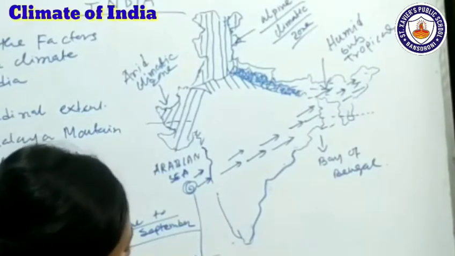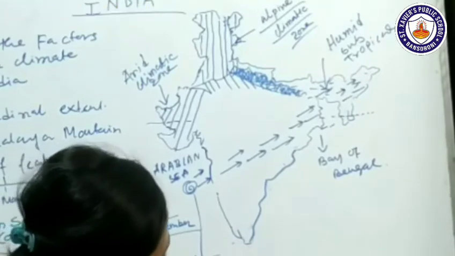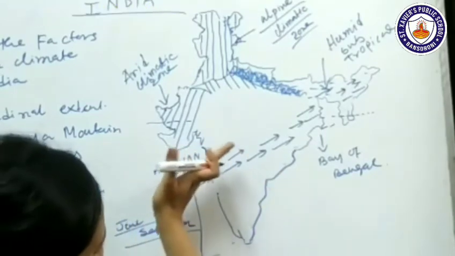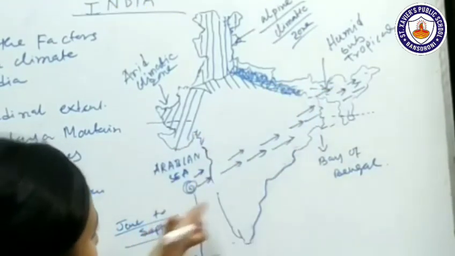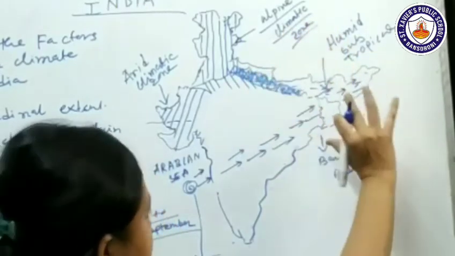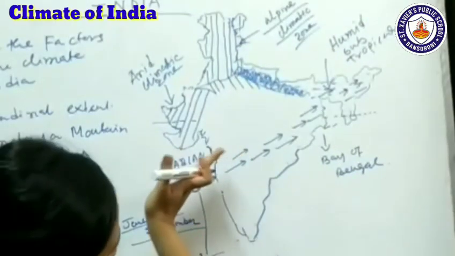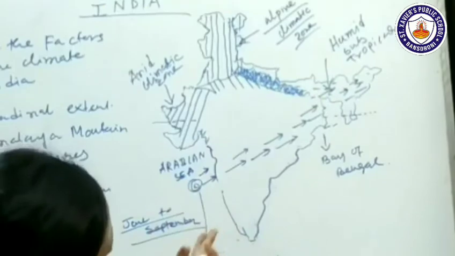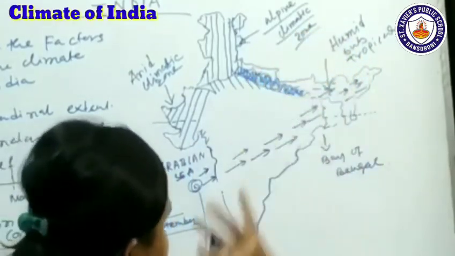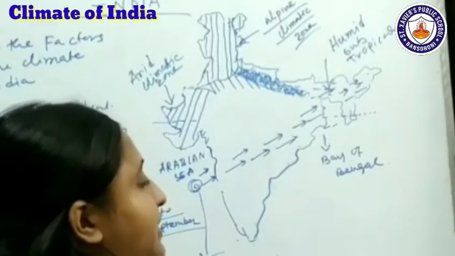It's known as the southwestern monsoon, which is developed over the Arabian Sea, passes from the central portion of the Indian subcontinent, and reaches the eastern portion of the Indian subcontinent, and it results in a high amount of rainfall.